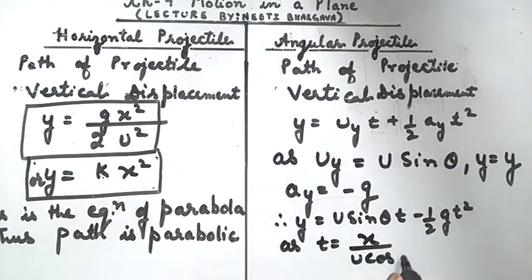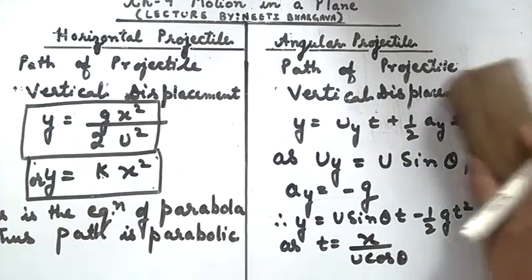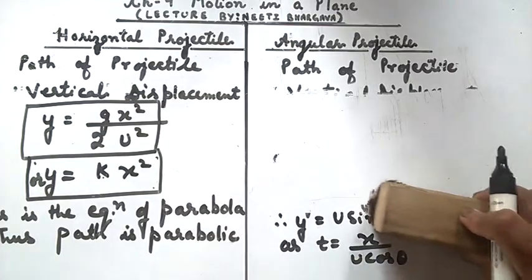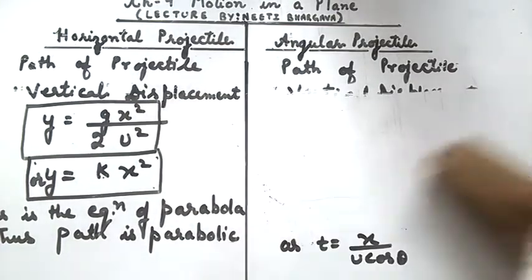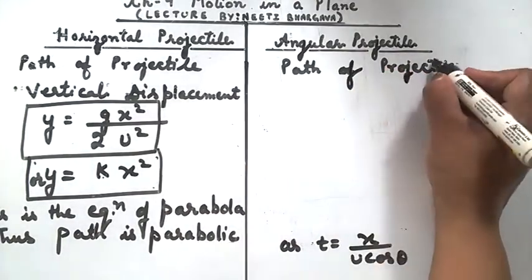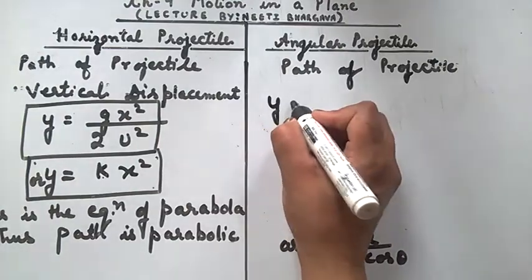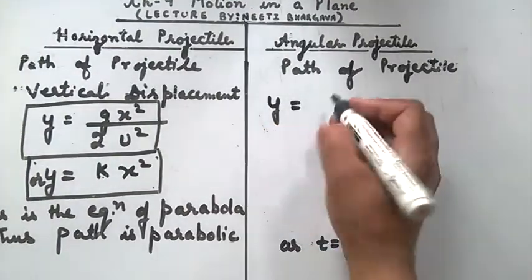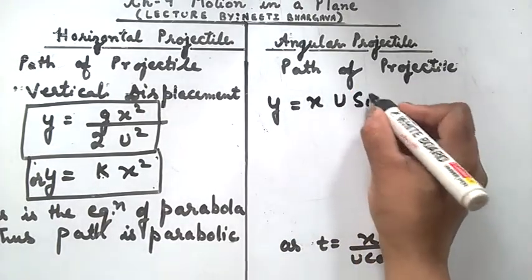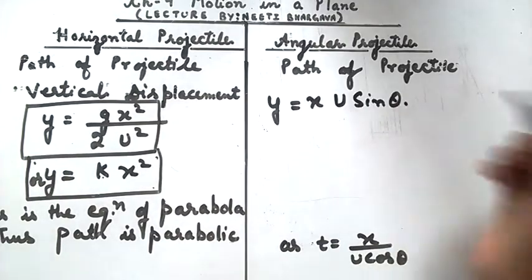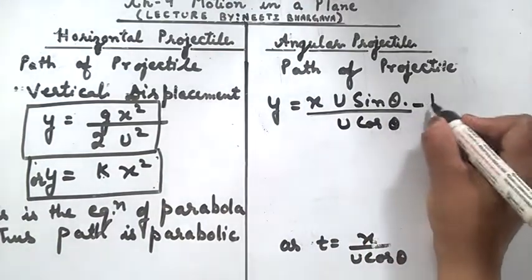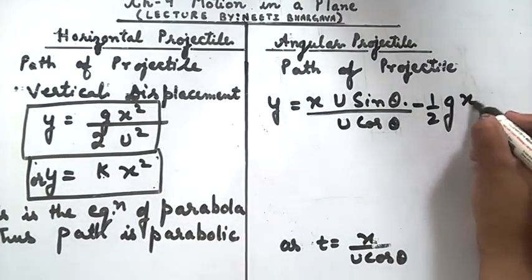the vertical displacement equation becomes y is equal to x into u sine theta upon u cos theta minus half g x square by u square cos square theta.